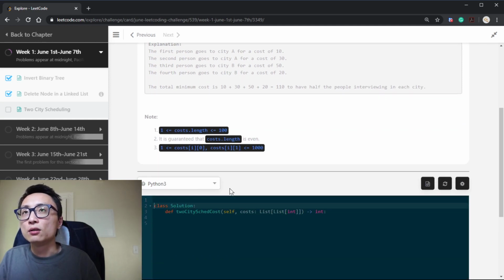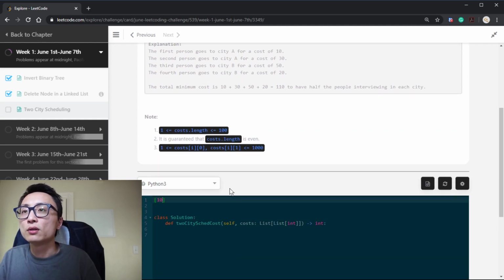Looking at a really simple example, I guess the simplest is just 2 people. Let's look at this particular one.